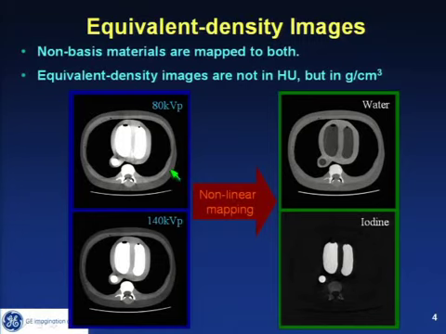For example, the bone has contributions to both water and iodine. And another thing we should emphasize is that once we have done this, the images on the right are no longer represented by the Hounsfield unit. It is pure density measured in grams per cc.